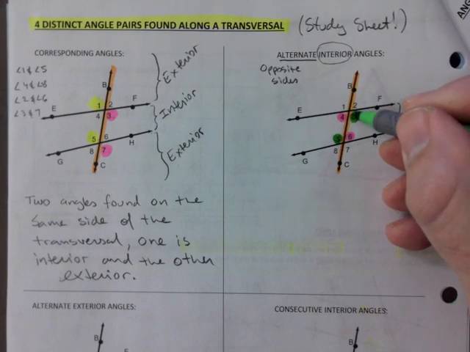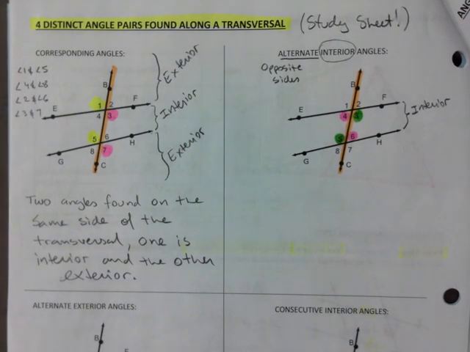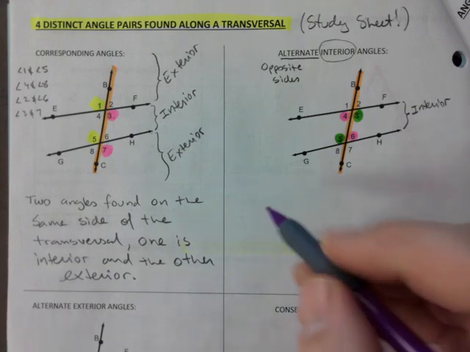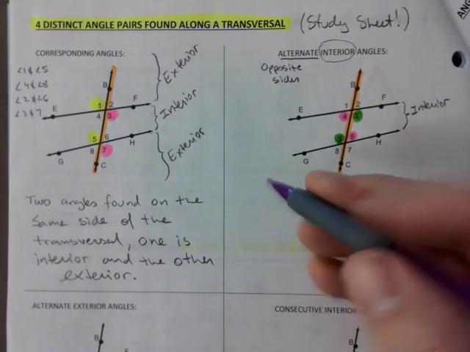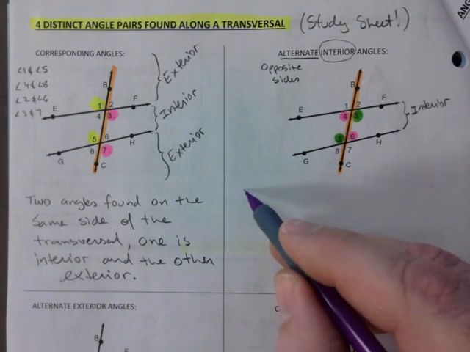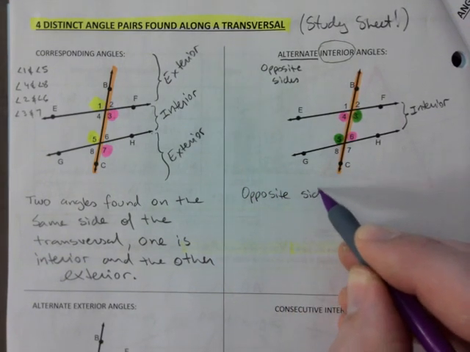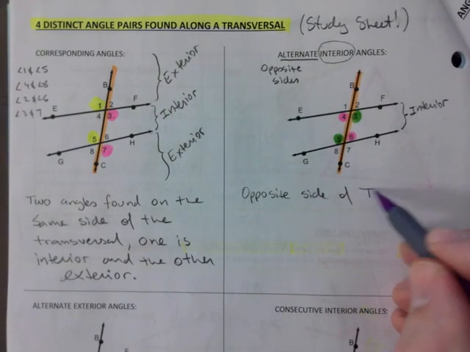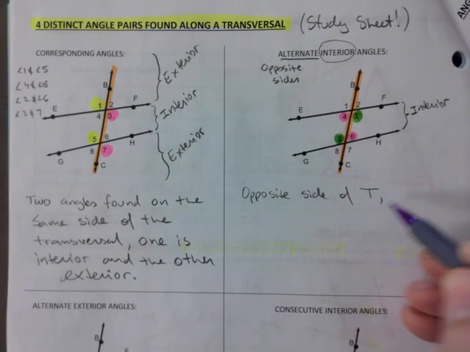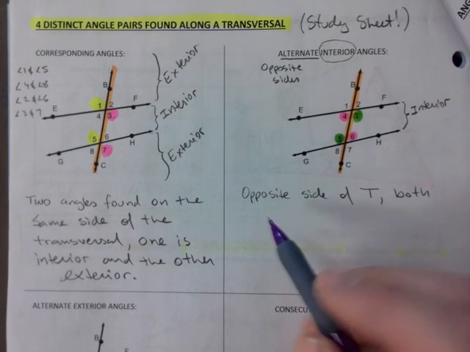Whatever you have, that's fine. So you have the pink ones and the green ones. Those are alternate interior. Maybe I'll just give you: opposite side of transversal, both interior.